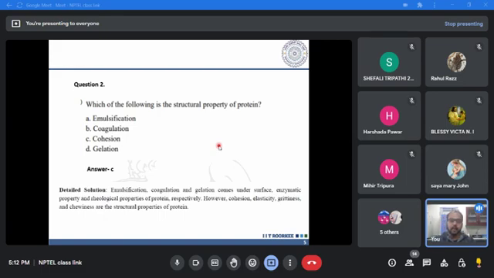So there are different categories of classification of properties. You can tell by the names also: cohesion, grittiness, elasticity.